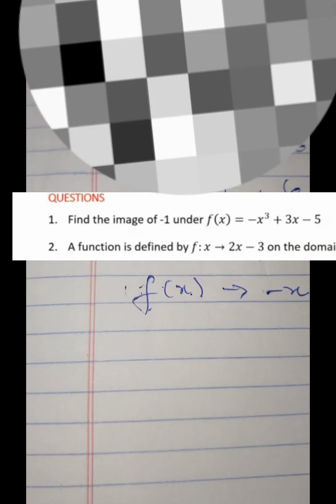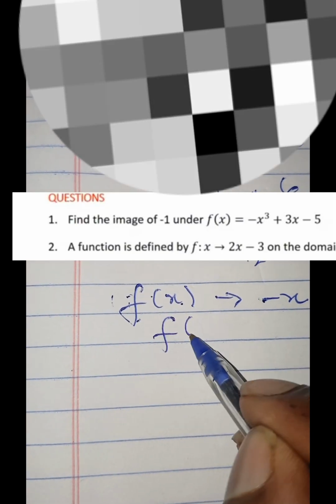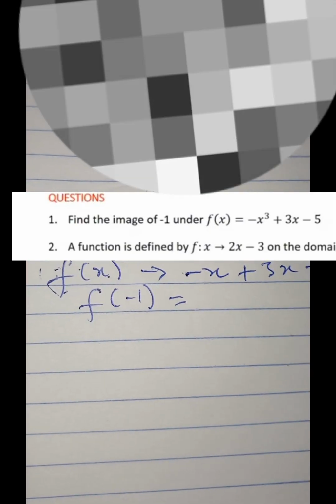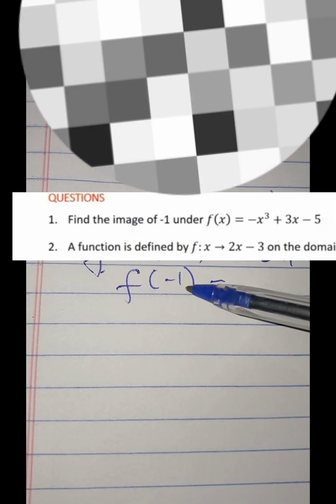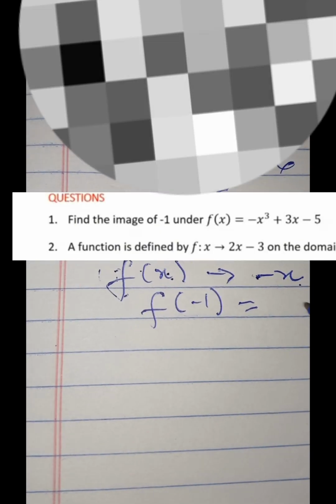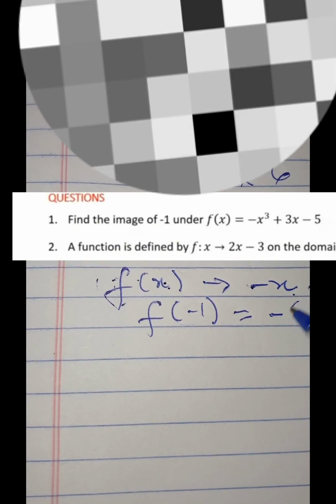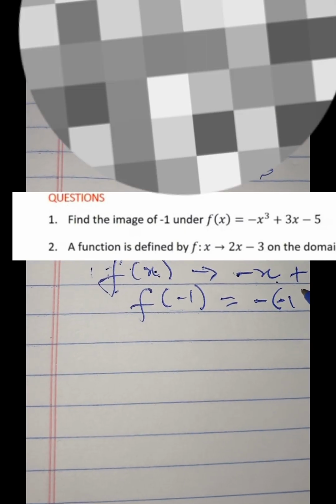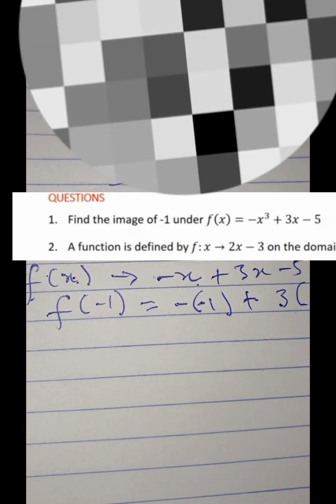So this can be written as f(-1) equals, and what it means is that anywhere you see x in the rule, replace it with minus 1. So in this case, our rule becomes -(-1)³ + 3(-1) - 5.